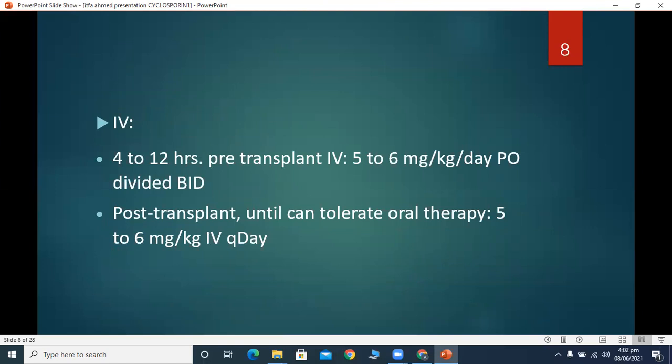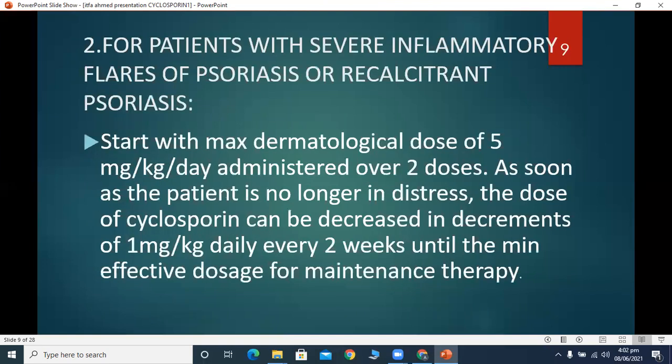In IV, we will give 4 to 12 hours pre-transplant, 5 to 6 milligram per kg per day divided twice in a day post-transplant, and when the patient can tolerate oral therapy, 5 to 6 milligram per kg per day.